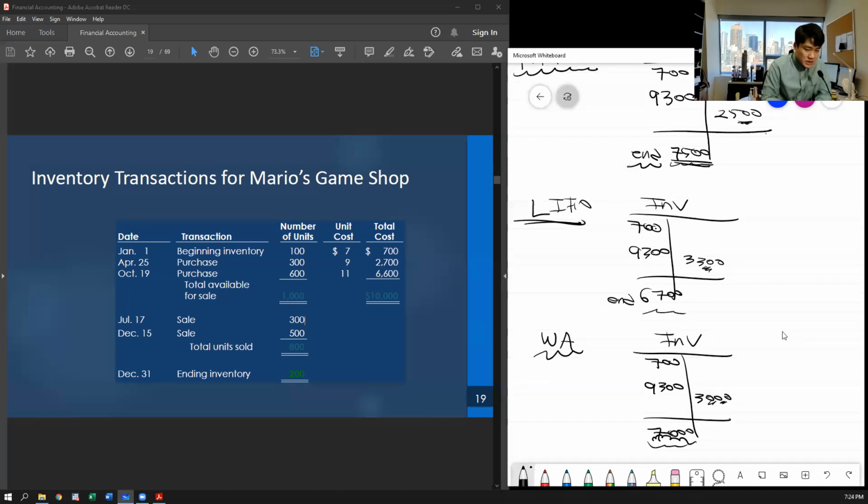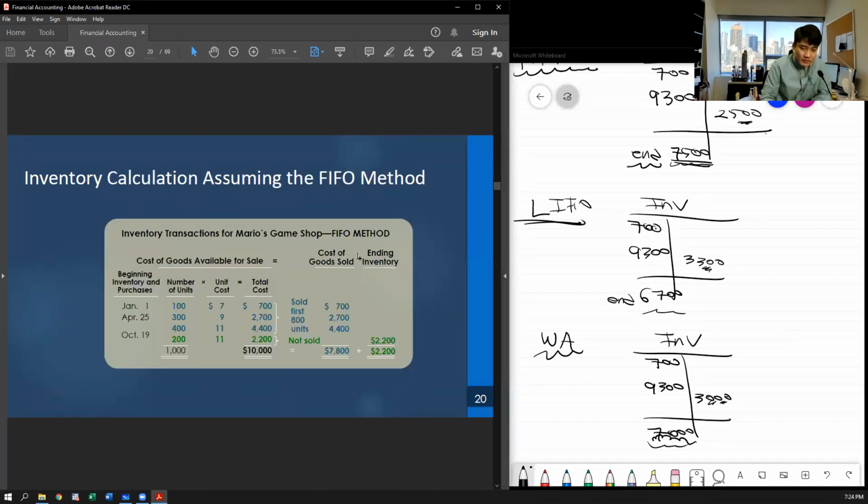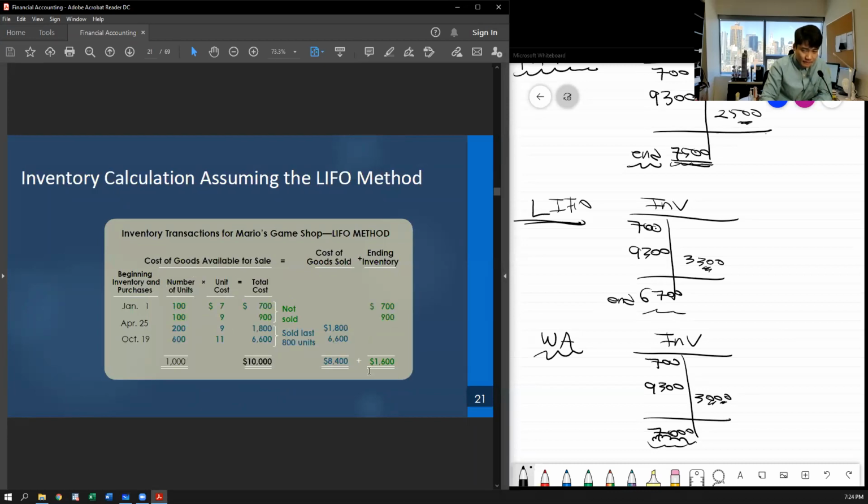Any questions on this? Okay. So I think we're pretty much good. So this is basically reiterating what I just discussed. So you have a stack of inventories, and depending on which inventory you are going to be using, you have different numbers for cost of goods sold and the ending inventory.